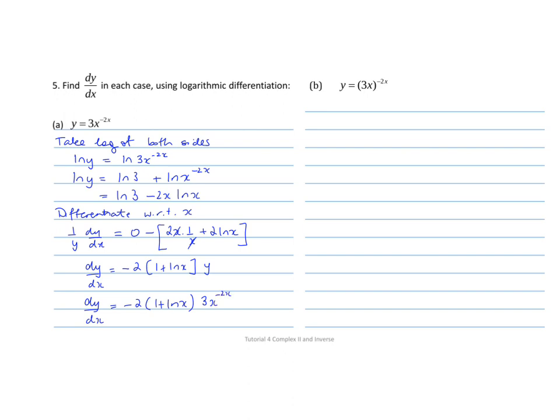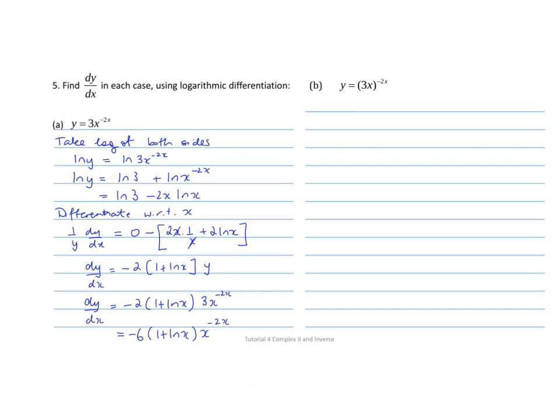So we bring that 3 to the front, and we have minus 6, 1 plus log x, x to the minus 2x. I mean, that's just it. Just a simple thing of taking logs of both sides, and all of a sudden it makes it so much easier to differentiate.